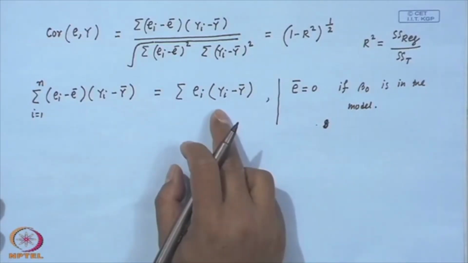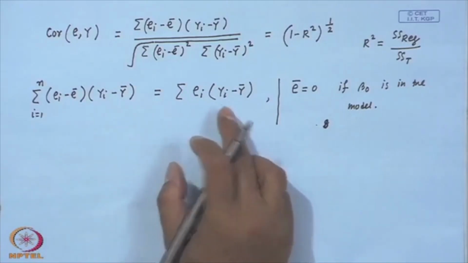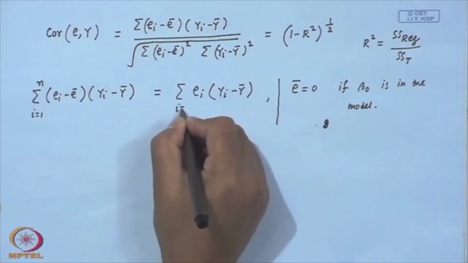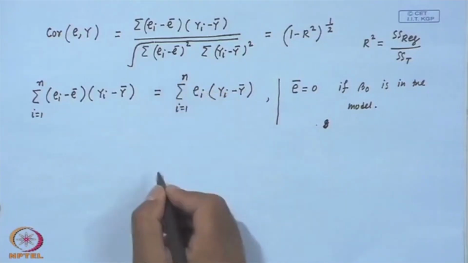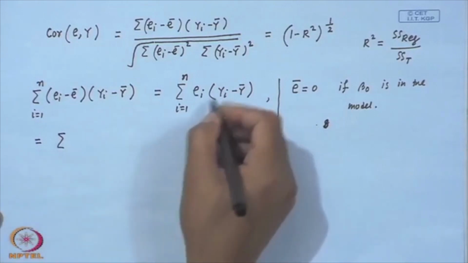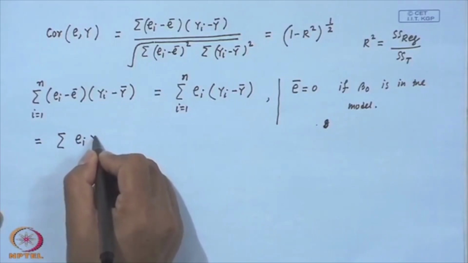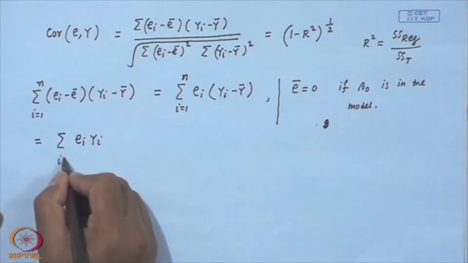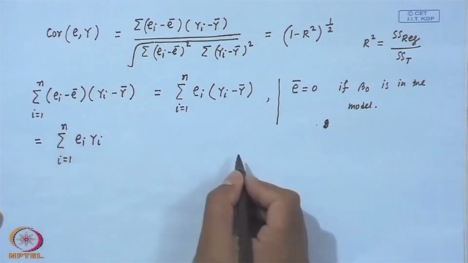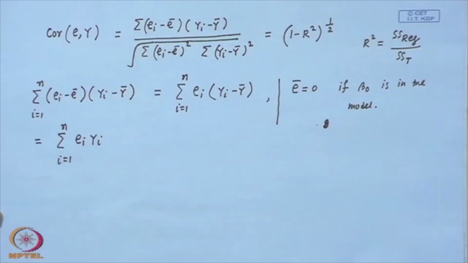So, we can write this as summation E i into (y i minus y bar), i is from 1 to n, and this can be written again as summation E i y i, i is from 1 to n, because this summation E i is equal to 0, right.